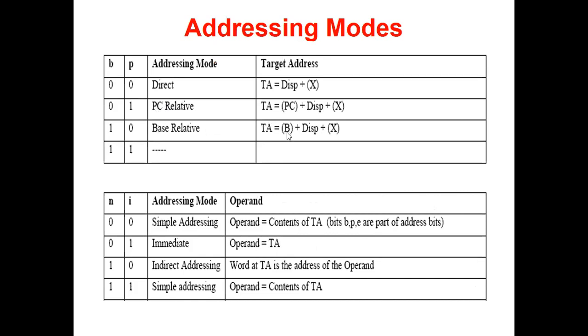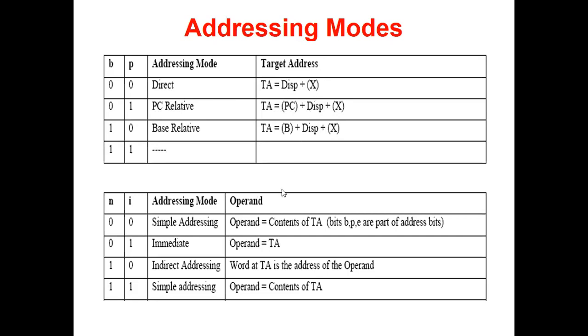So with the base, you add the register B plus the displacement plus X. When P is a 1 and the B is a 0, it is the program counter which we take and add the displacement. For 0, 0, we said there is no calculation there. The displacement, unless bit X is a 1, is what you take as the target address.